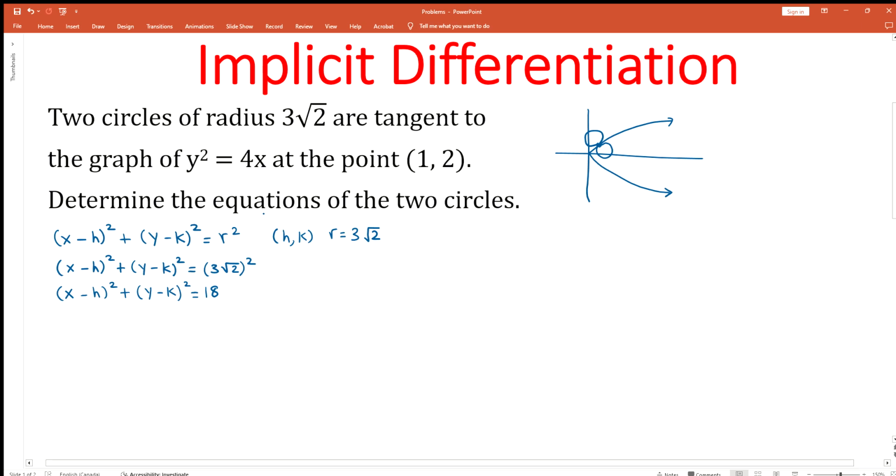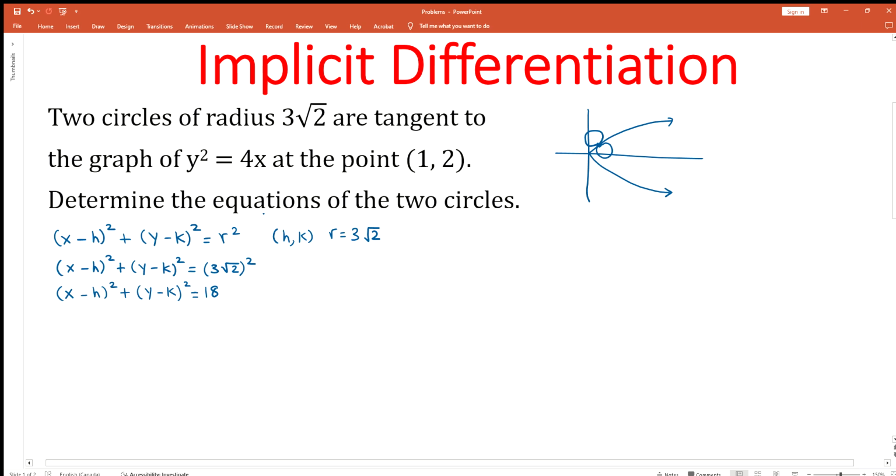We have (x minus h) squared plus (y minus k) squared equals 18. We have to find dy over dx, so we should find the derivative of this equation with respect to x. Let's start with the first term, (x minus h) squared. We should use the chain rule. This term has the inner function x minus h and the outer function is the exponent 2. As per the chain rule, we start with the derivative of the outer function.